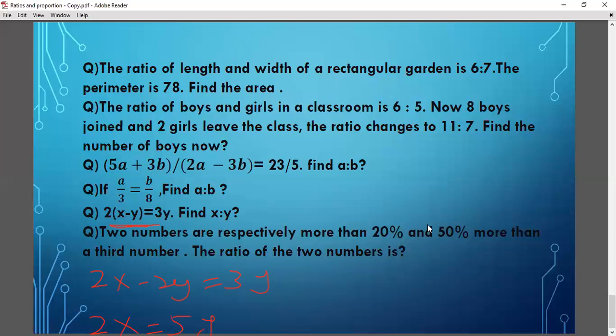From this, you can write x equals 5 by 2y. So x is to y equals 5 is to 2. So 5 is to 2 is our final answer.